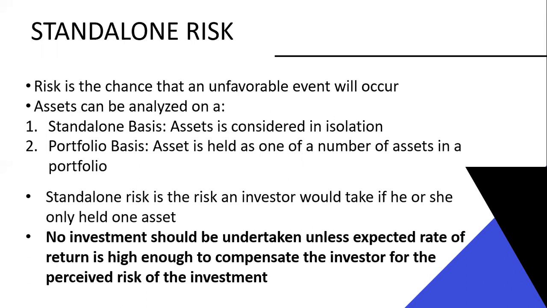Before I go into the types of risks, the first thing I want to talk about is what is risk? Risk is the chance that an unfavorable event will occur.